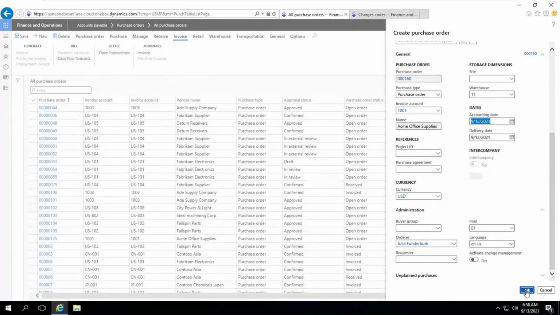I have selected one vendor, 1001 ACME office supplies. The same vendor is arranging transportation also. So I will take two items, item 1000 and another item, and proceed to purchase the material.